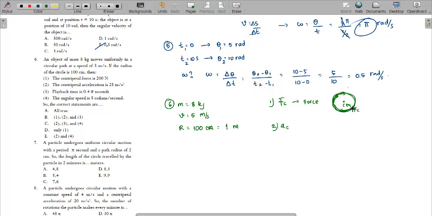The centripetal force is directed at right angles. It's like the usual force, mass times acceleration, right? But if this is centripetal force, then the acceleration is also centripetal acceleration. What is centripetal acceleration? It is v square divided by r.